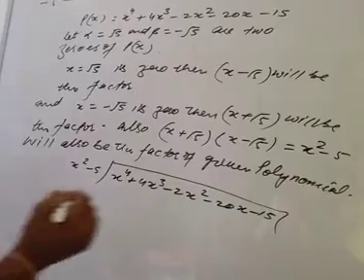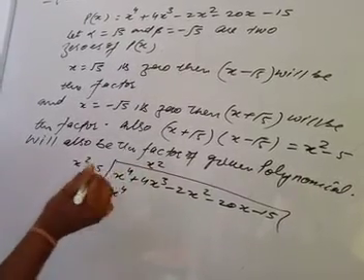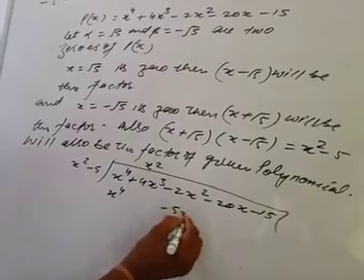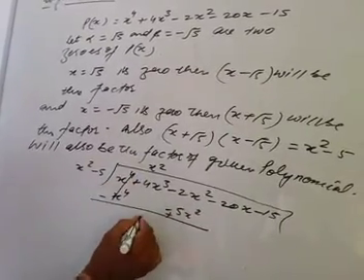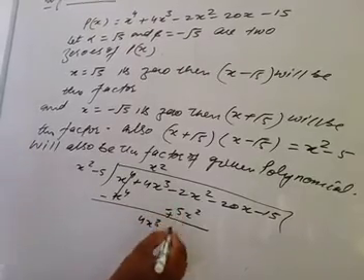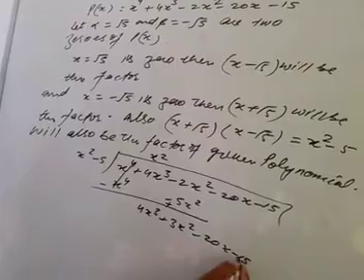Our first division term will be x square. It will be x power 4, and when we multiply we get minus 5x square. Subtract, this will be cancelled. So 4x cube, plus 3x square minus 20x minus 15.